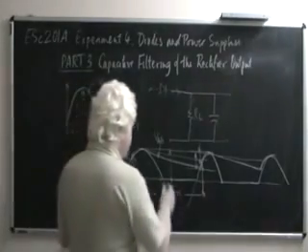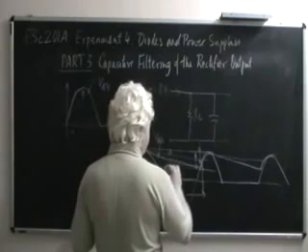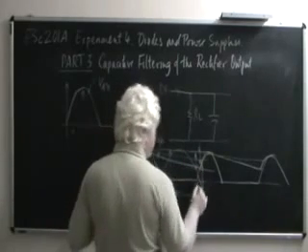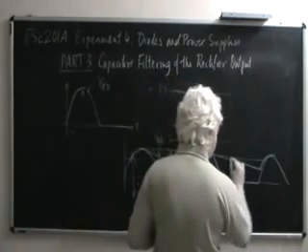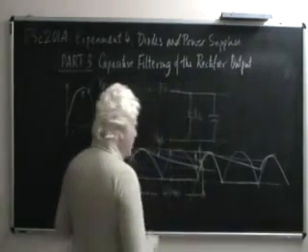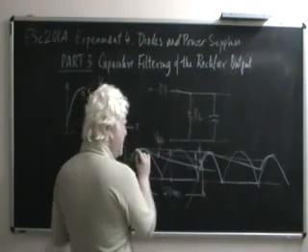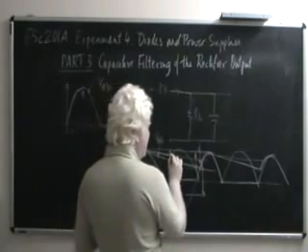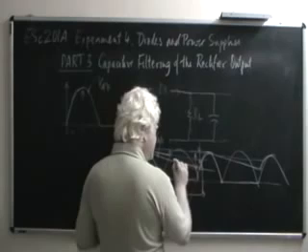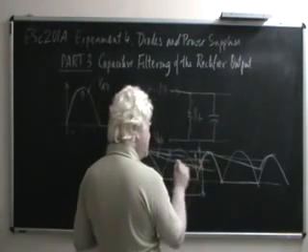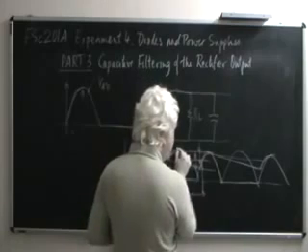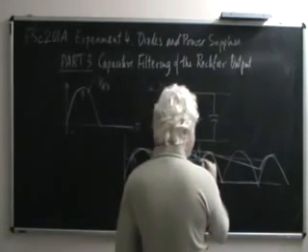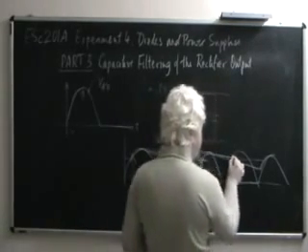Let's look at what happens if you had a full wave rectifier. Now the capacitor would only discharge by this much instead of this much. So instead of this much, you have only this much. And again, it would charge up to here and only discharge by this much. Charge up to here, only discharge by this much.